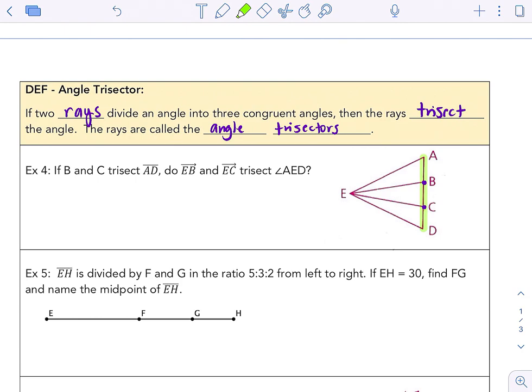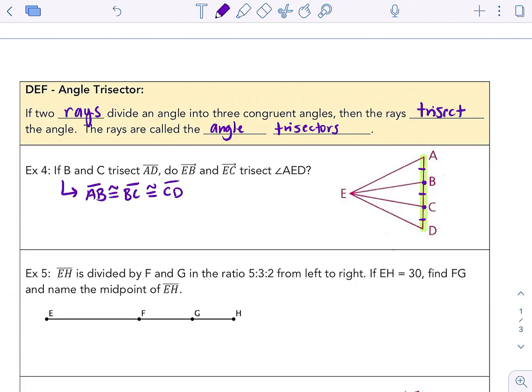So something that is incredibly important because the phrase trisect or bisect could be used for segments or angles, you want to pay attention to what type of element is being trisected. That is a segment. So that means our most direct conclusion would be to conclude that the little segment AB has to be congruent to BC, which also is congruent to CD. So boom, boom, boom. So this is our starter point. This is what we know to be true.